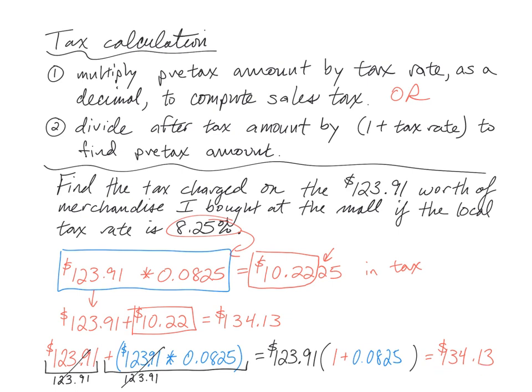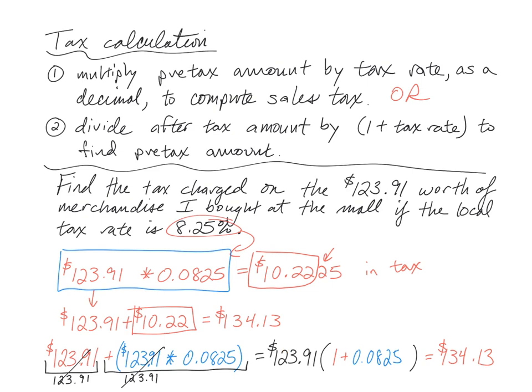All right, one last thing to come back here. It says to divide the after-tax amount by 1 plus the tax rate to find the pre-tax amount. So if I were just to look at this equation here, if I divide both sides by 1 plus 0.0825, it would cancel on the left side, and I would divide $134.13 by this expression, and it would give me the starting amount.